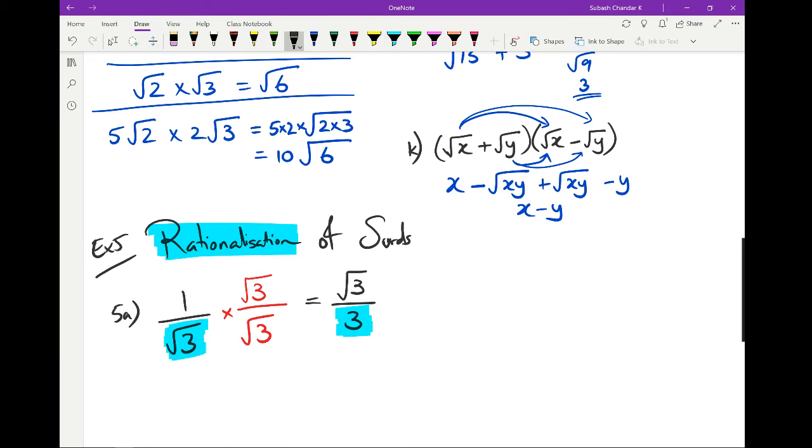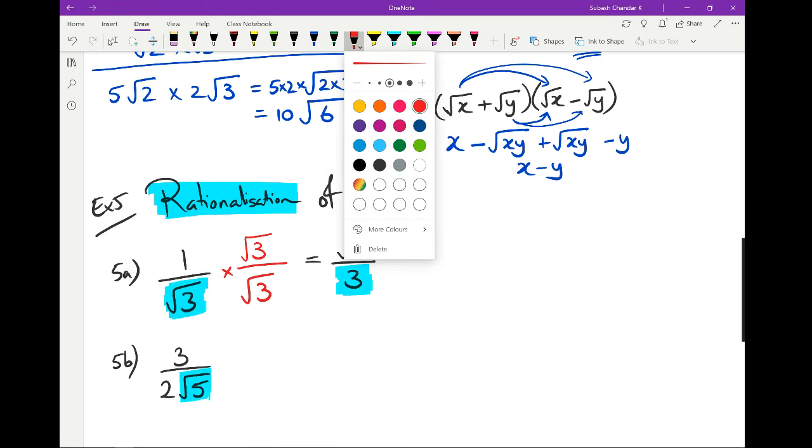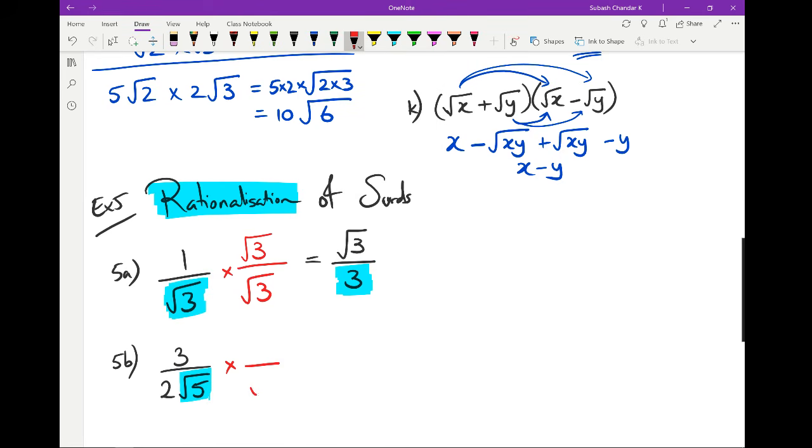Okay, let me show you guys another example. So let's say we have something like this this time. At the moment, in the second part here, we've got square root of 5, and that's the only thing we need to get rid of, just the square root of 5. So I'm going to multiply the denominator by square root of 5 and the numerator also by square root of 5.